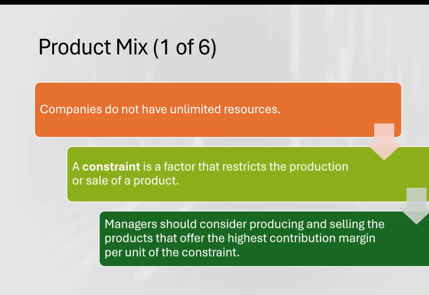Two, which products offer the highest contribution margin per unit of the constraint? And the third question is, would emphasizing one product over another impact fixed costs? By answering these questions, companies can make informed decisions about how to allocate their limited resources effectively.